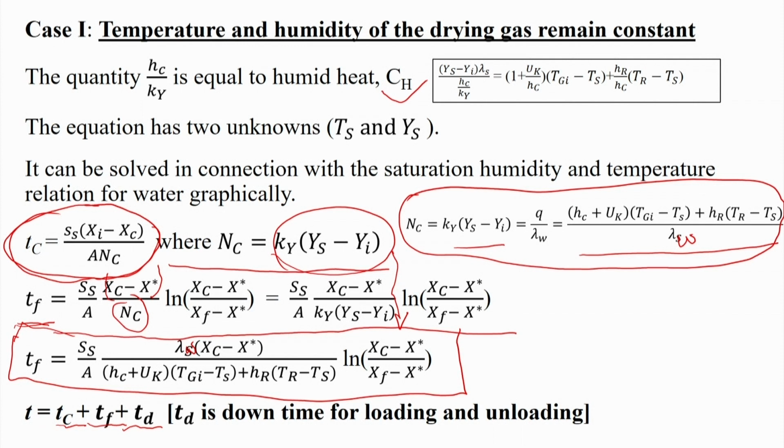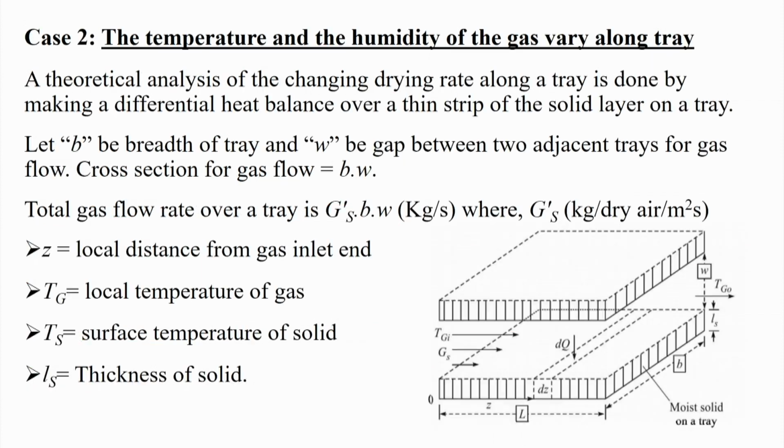Because we started the discussion on batch drying, in the batch process whenever we talk about the total drying time, loading and unloading time will also be considered, but there is no formula for this downtime calculation; it is obtained from regular practice.